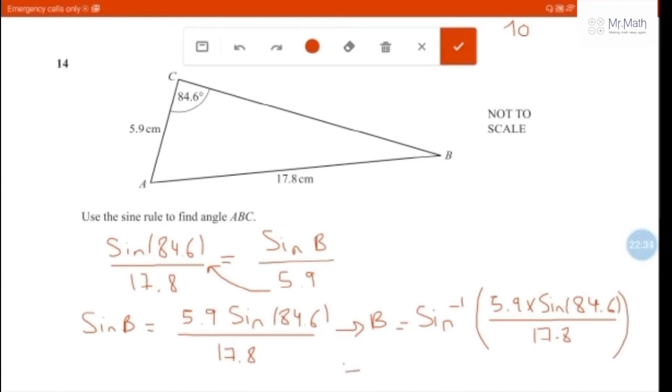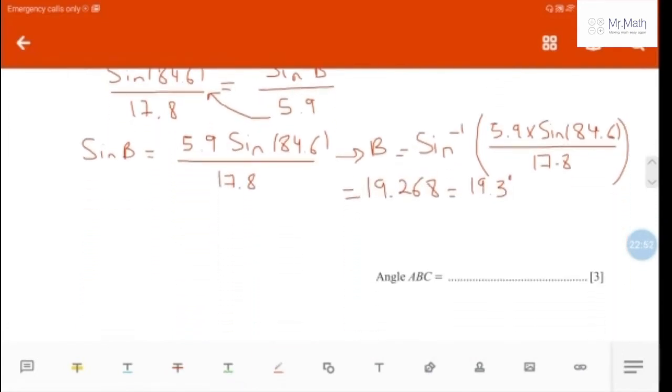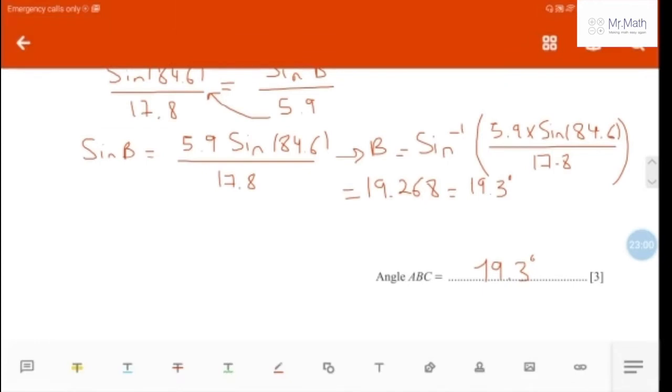So the final answer is equal to 19.268. So this is equal to 19.3 degrees. So the answer to this question is 19.3, correct to 1 decimal place.